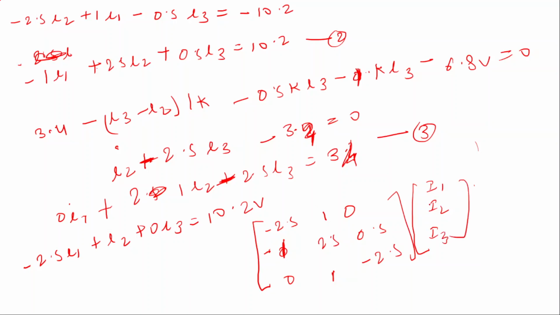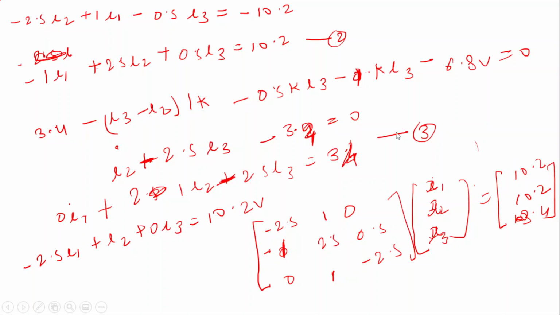We can take a small i, because we have assumed a small i. So it equals 10.2, 10.2, 3.4.